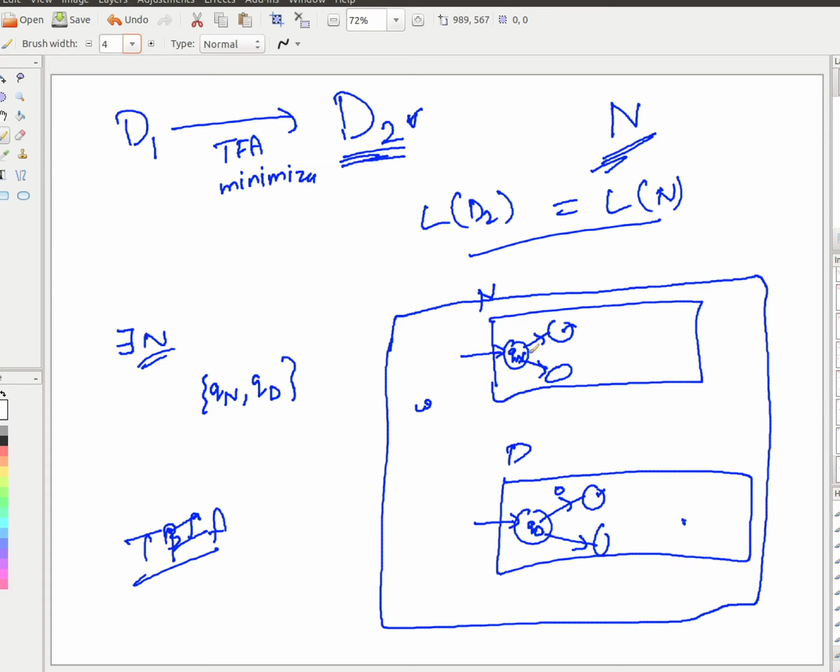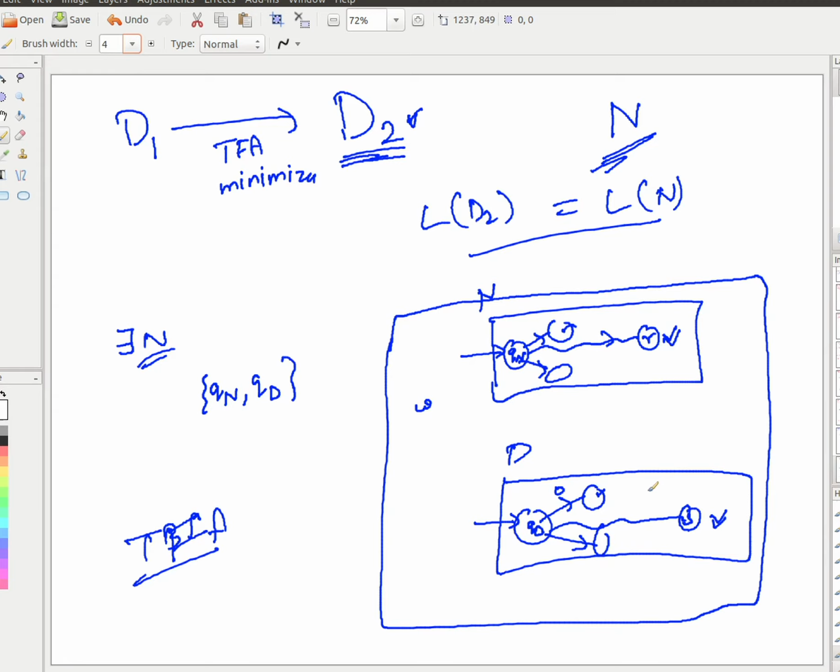If after some W it is going to a state R, and after some W going to S, and they are distinguishable, these become distinguishable. So always for some state on N, you have a state on D which is equivalent. Do you agree? For every state on N, you have some state on D which is equivalent. Anyone has any doubt in that?